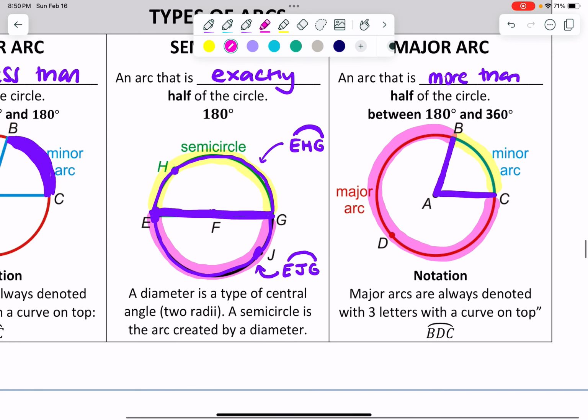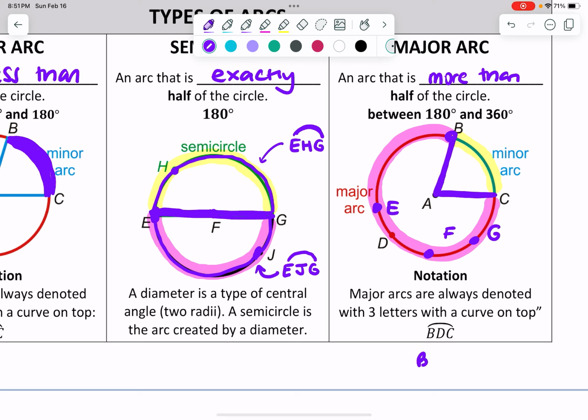When we talk about a major arc, the notation we use is the two endpoints, but we always put a middle point there. So when I'm taking a look at this one, I've started at B, I'm traveling, oh, hey, look at this, I hit point D, and then I continue on to the last endpoint C. Now, something important to note is that it doesn't actually matter how many labeled points exist here. So if I have point E, point F, point G, I don't have to put all of the middle points in between.